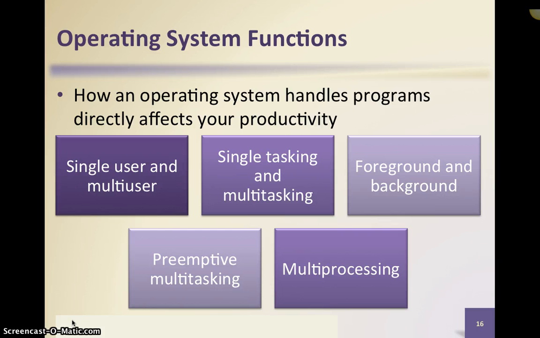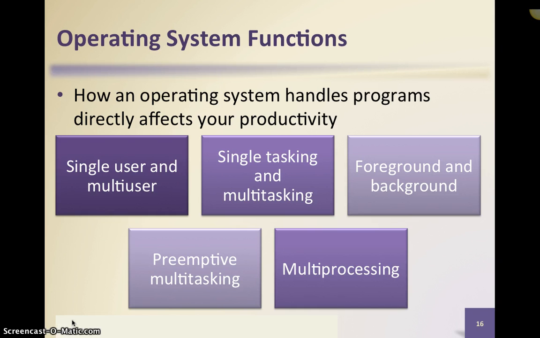Single tasking and multitasking is the same idea. There are some systems that you can only do one thing at a time on. There are other systems where you can do multiple tasks or have multiple windows open at the same time. It used to be that PDAs and things like Blackberries were only single tasking.